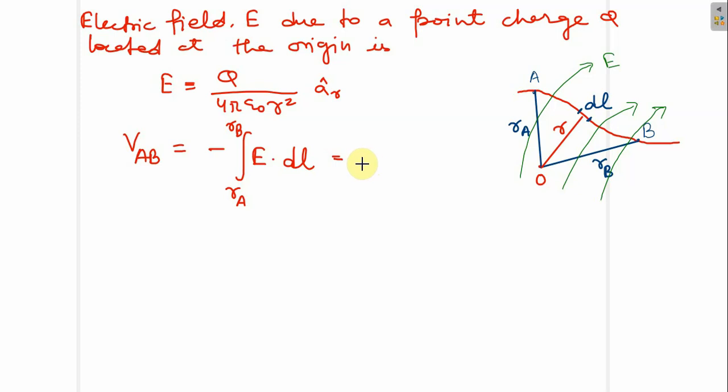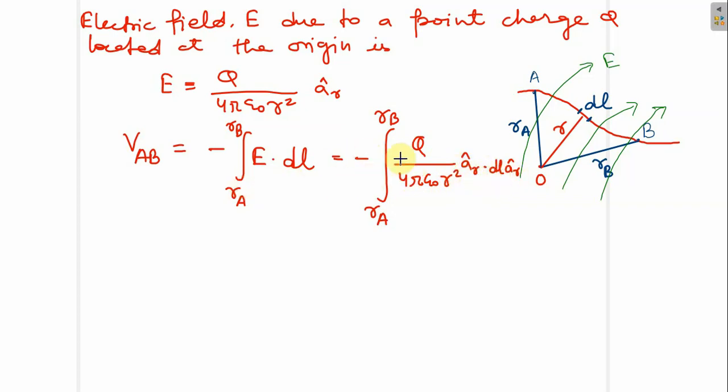So it will be minus the integral from RA to RB of Q upon 4 pi epsilon 0 R square AR, dot dL. What is dL? dL is the element, so along R it would be dR in the direction AR. AR dot AR, the dot product of two unit vectors, is 1.